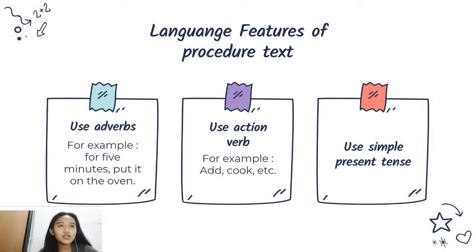And the third language feature is procedure text uses adverbs, such as for 5 minutes or put it on the oven. And the fourth language feature is procedure text uses action verbs, such as add, cook, etc. And the last language feature of procedure text is it uses simple present tense.